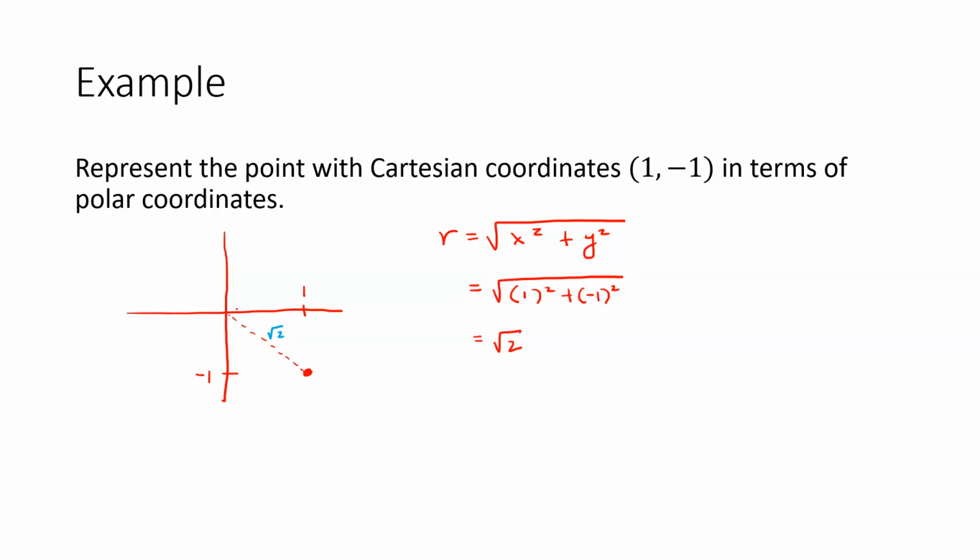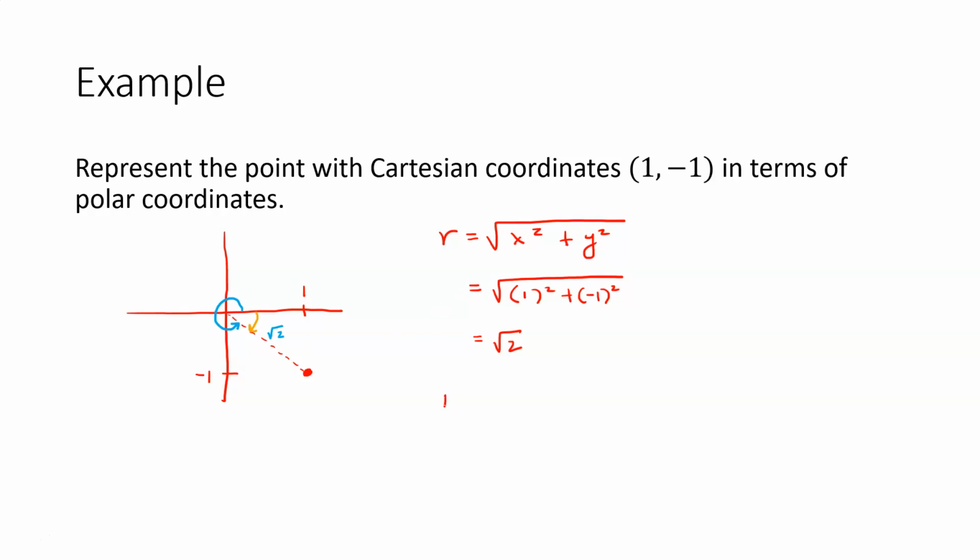Now let's find the angle. There's many ways we could do it, but one way would be to do the positive angle here, or another way would be to use the negative angle measured that way.